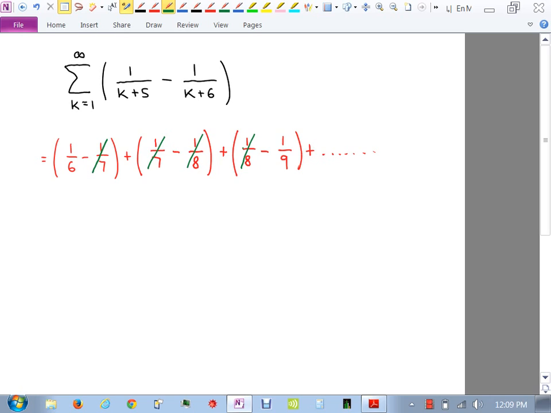And the negative 1/9 would cancel with the next one. See, the problem right now, though, is that we go to infinity, right? So don't you always have something appearing and then disappearing? So here's the way we're going to deal with this. Right now, what I'm realizing is that I'm getting some cancellation to occur.